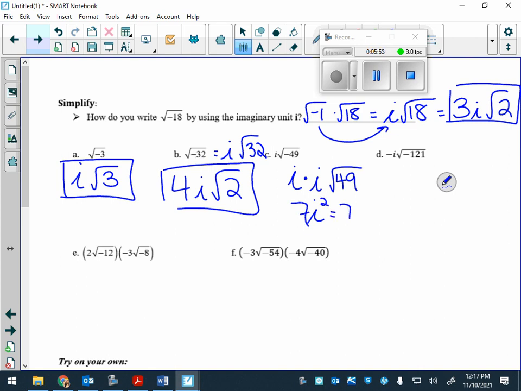Negative 1. 7 times negative 1? Okay? So, write that in there. You should not have anywhere in your final answer i squared. You can have an i in your final answer. Should not have a negative inside your square root.